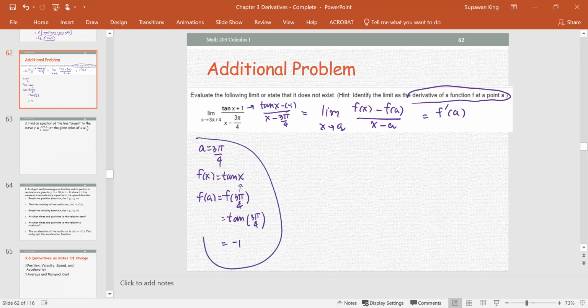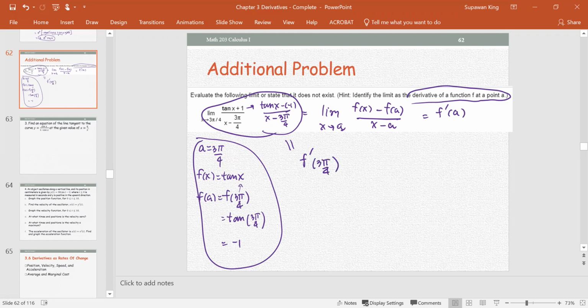From all terms here, we're going to use the limit definition of the derivative as the limit of f x minus f a divided by x minus a as x approaches a equals the derivative f prime a. Therefore, this limit is the same as f prime at a, which is at 3 pi over 4.